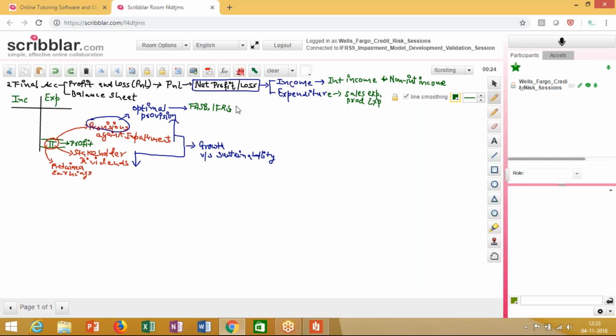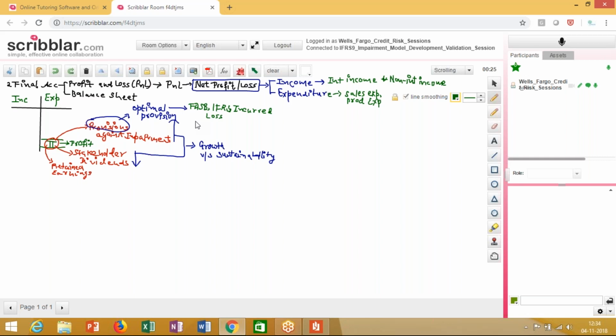You also have measures like the incurred loss approach. I'm coming to that. So there's a whole set of regulations which has been framed around this optimal provision.